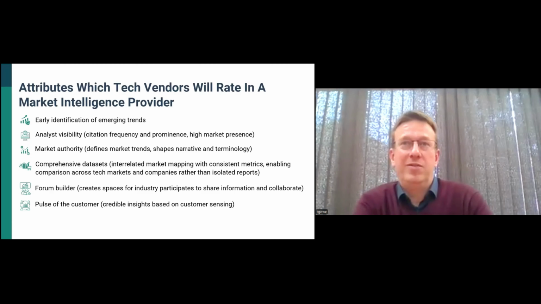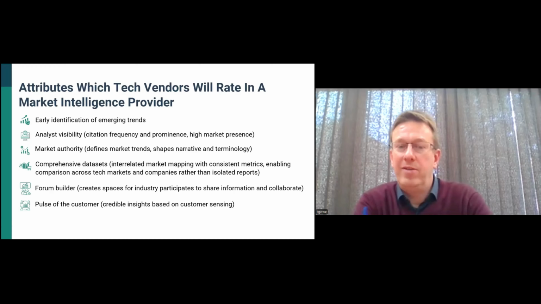I can't think of a specific example, but I'm absolutely convinced that a lot of these analysts that are certainly on the nub with what's coming up in terms of emerging technologies are absolutely helping vendors shape their narratives and terminology. And some of the terminology that we're using today would absolutely have been incubated by analysts back in the day.